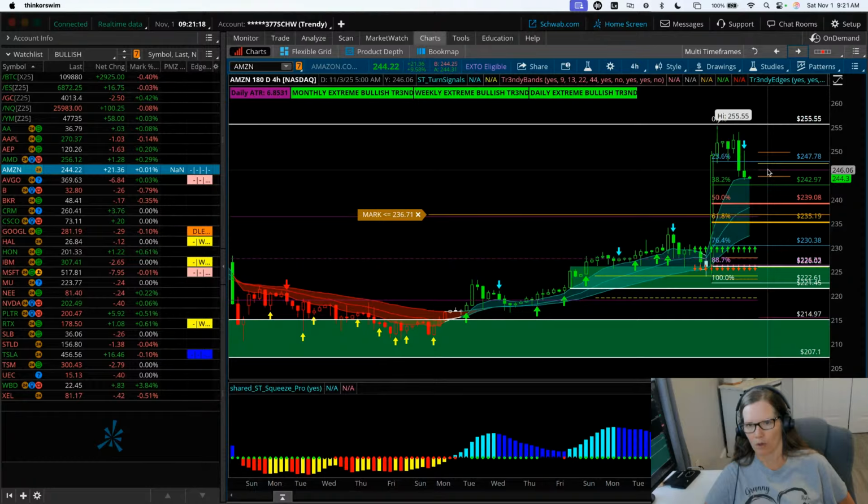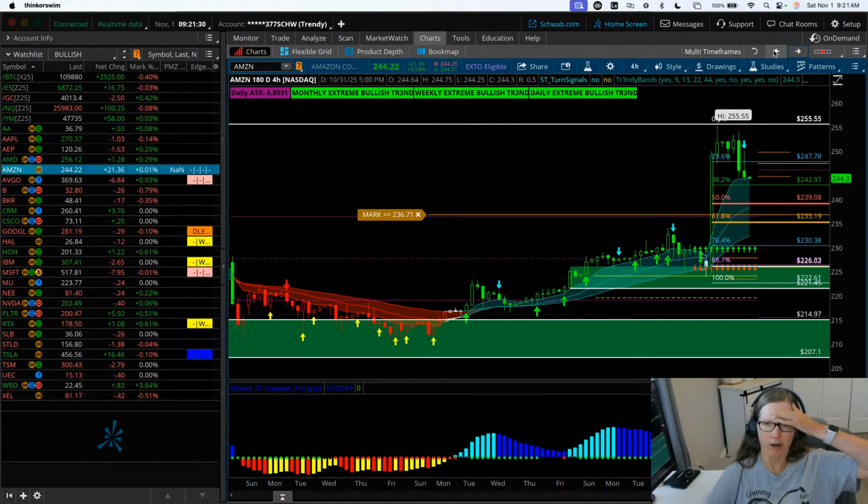So your reward would be about $7. Okay, initial first reward would be about 7. So you'd look to risk 4 to make 7 there. All right. So either one of those trades looks good, and Amazon's going on my potential focus. Okay.